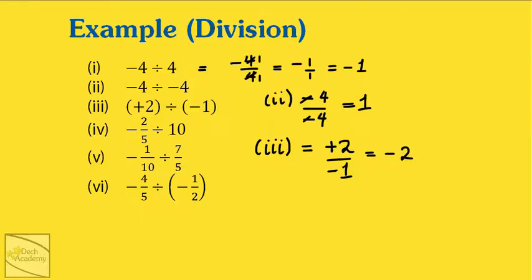So you need to remember that if you have a fraction of the form plus a divided by minus b, where a and b are positive numbers, let's say integers, plus divided by a minus sign is a minus sign, and then you have a over b. So the answer is minus a over b, and that's what was done here.